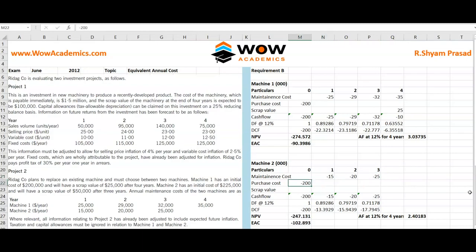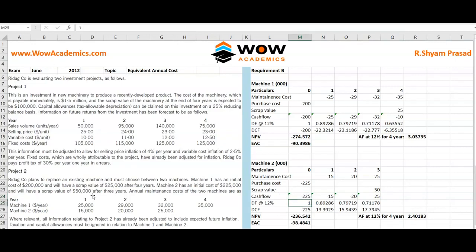The purchase cost of the machine is different, it is 2,25,000. The scrap value is 50,000 and will occur in the third year itself, so it's going to be 50. So we got all the cash flows.